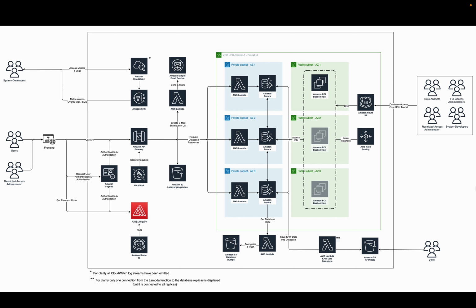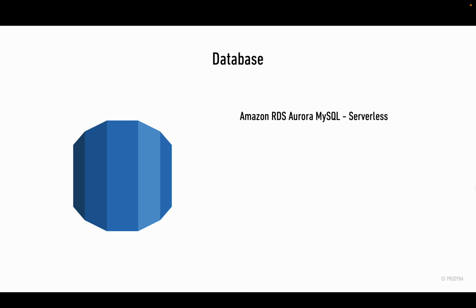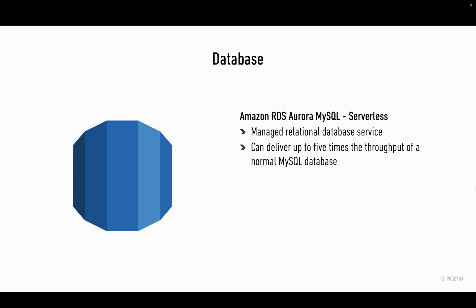Okay, so we talked about front end, about the API, we talked about the back end. The last thing I want to talk about in this architecture is the database. And for this, we use Amazon RDS Aurora MySQL in the serverless variant. Amazon Aurora is a managed relational database service, and it can deliver up to 5 times the throughput of a normal MySQL database.